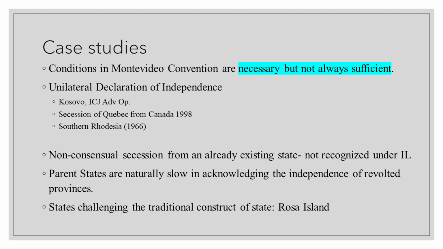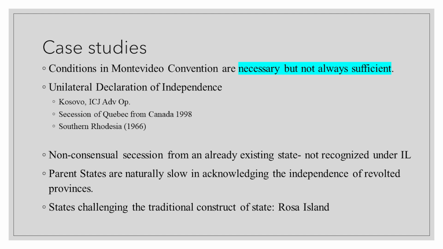So I would recommend all of you to quickly read something about Kosovo, Quebec, and Southern Rhodesia in terms of state recognition, how these states were recognized as states by the existing states of the world.